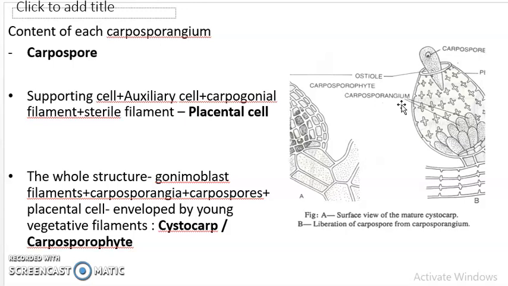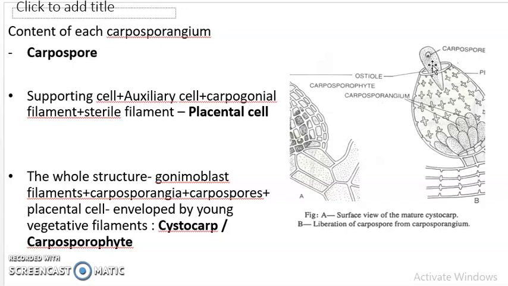It has an opening on the upper portion, known as the ostiole. The cystocarp is not free living. You cannot see a diploid carposporophytic plant in Polysiphonia because it is parasitic and develops inside the haploid female gametophyte. So this is the second diploid phase, dependent and parasitic on the haploid female gametophyte.